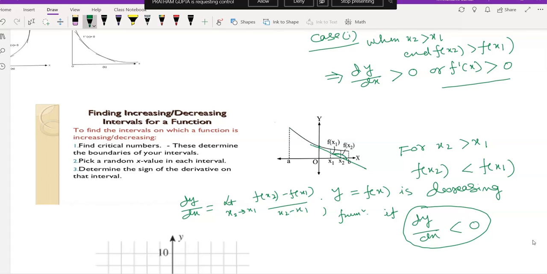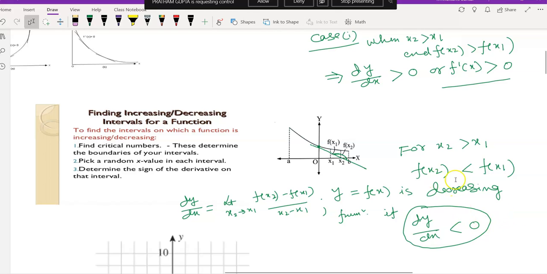This is the geometrical meaning of dy by dx. This we know from Rolle's and Lagrange's theorem also. dy by dx geometrically represents the slope of the tangent. So for theta obtuse, tan theta is going to be a negative quantity. So for a decreasing function, dy by dx less than 0, or the slope of the tangent drawn at a point will be less than 0.